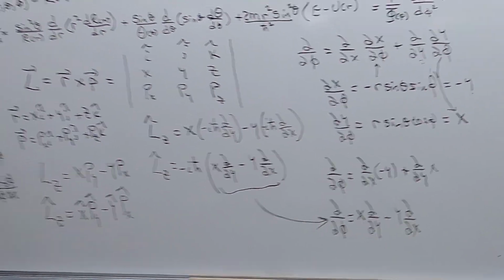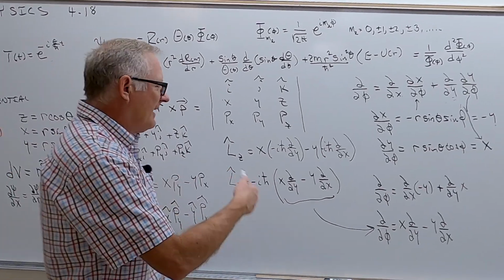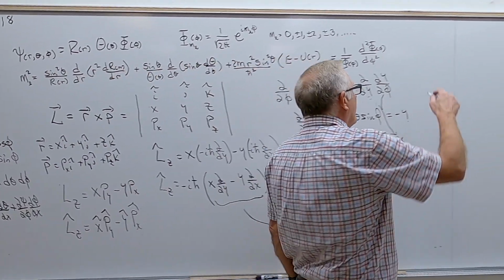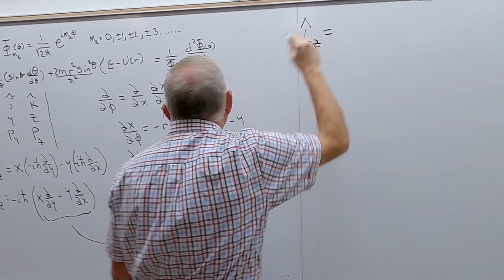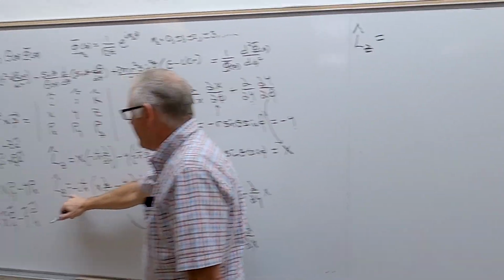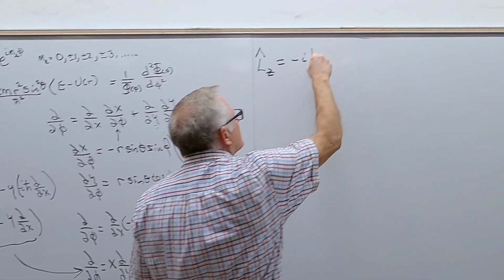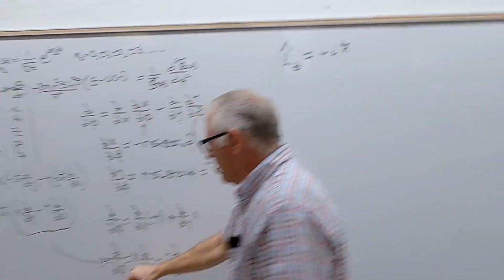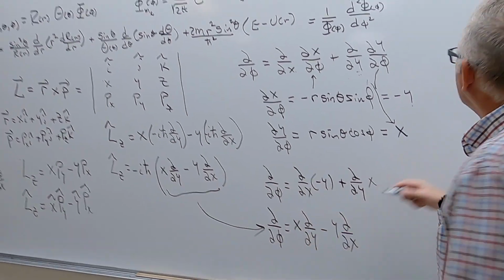So it looks like the z component of the orbital angular momentum operator, L sub z operator, is equal to minus i h bar times this difference, which is just partial with respect to phi.